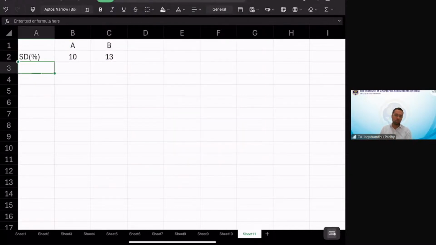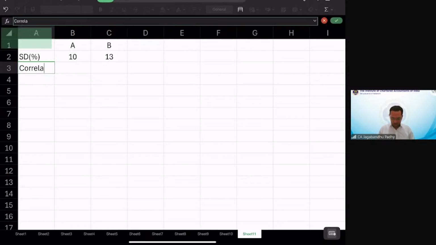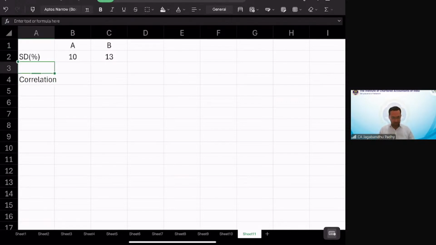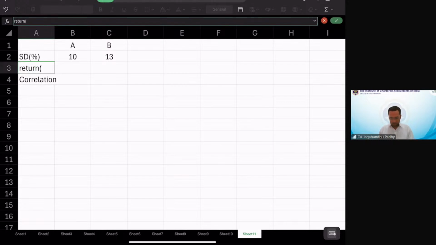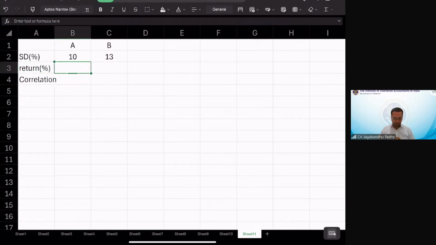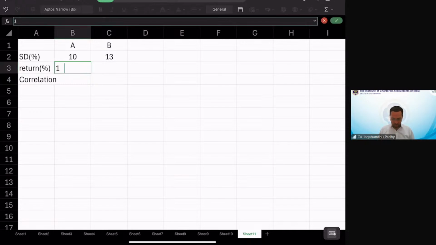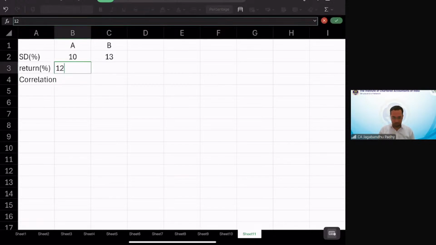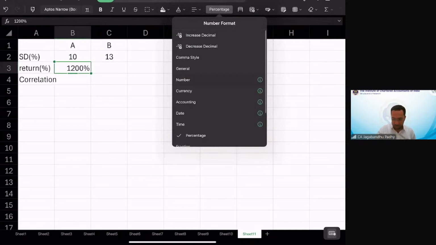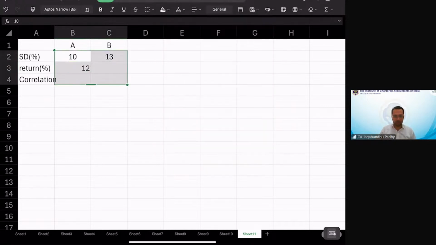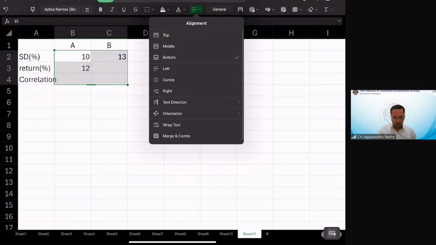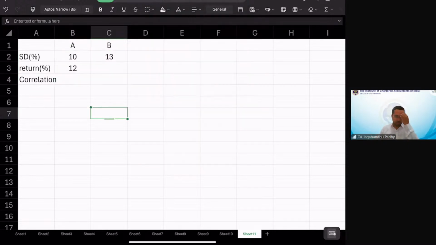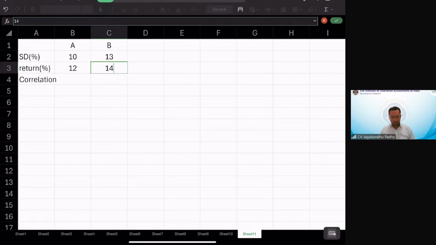Now we'll also define a correlation between them and also the returns. We talk of the return, of course, in percentage terms. Let's say A is providing us a return of 12% and B is giving us a return of, suppose, 14%.